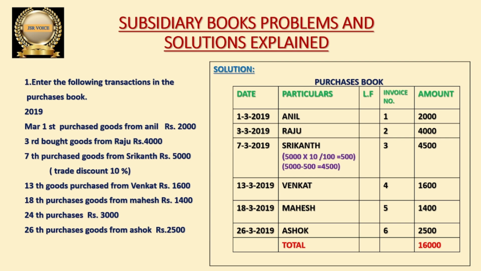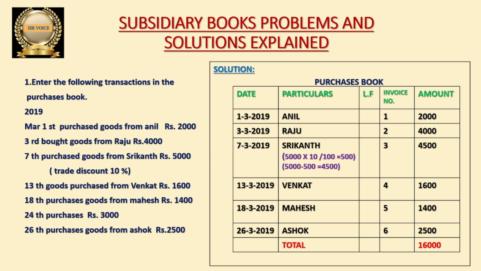They did not mention cash anywhere. Is it cash purchases? No, because cash word is not there. So it is not cash purchases, it is credit purchases only. So it is satisfying 3 rules, that it is not cash purchases and Raju name is given, goods, not assets. So we can record in the purchase book.